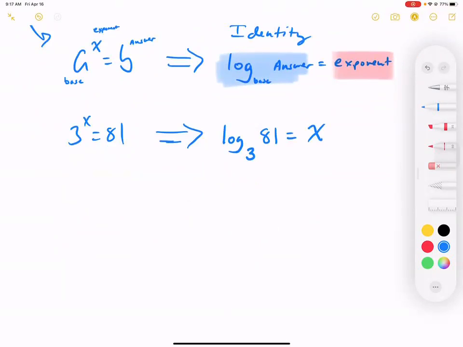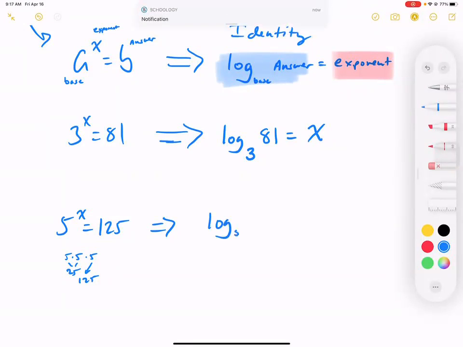If I write 5 to the x power is equal to 125. Now maybe you know that 5 times 5 is 25 times 5 is 125, right? 5 quarters is $1.25. But let's rewrite this as log. You always write the base. What's the base? What are we counting by? We're counting by 5s.